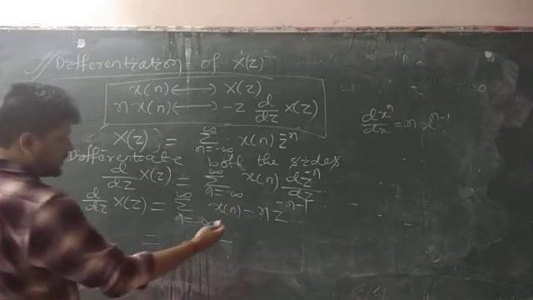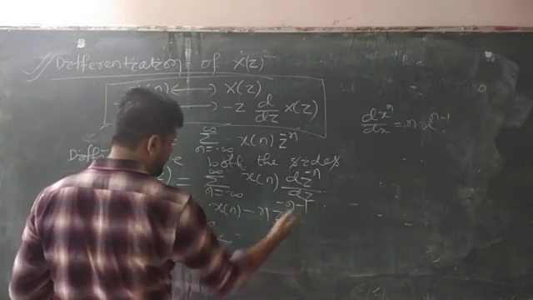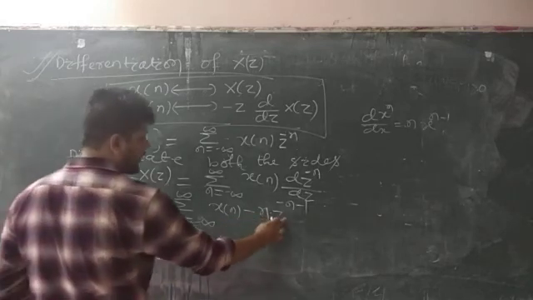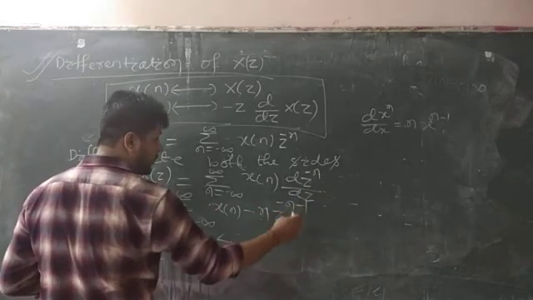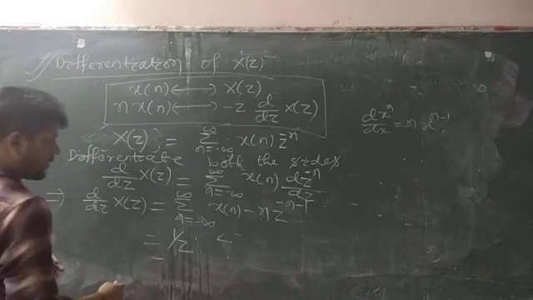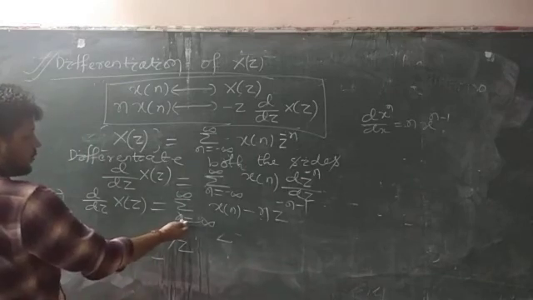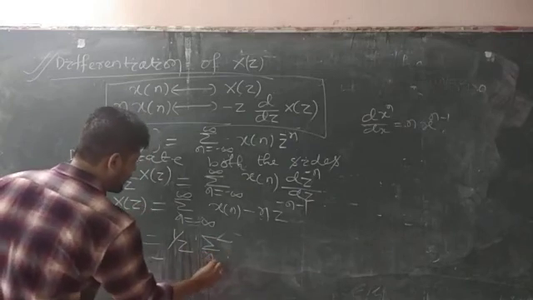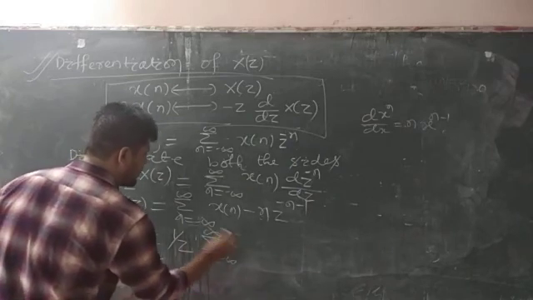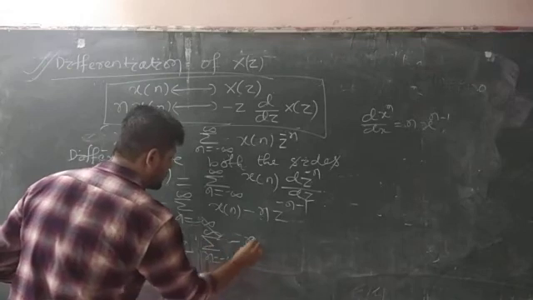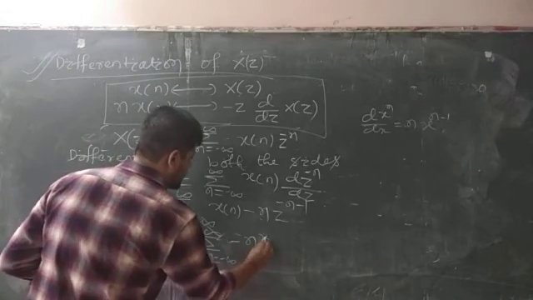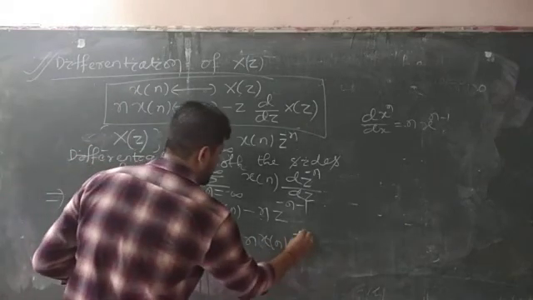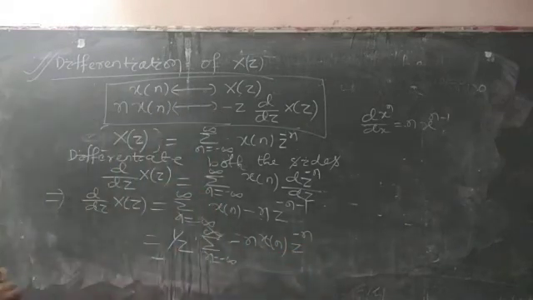Here z to the power minus n minus 1 can be written as z to the power minus n into z to the power minus 1, that is 1 by z. So take 1 by z common, because the summation depends only on n and z is the variable. Then we have 1 by z times the summation of n equal to minus infinity to infinity of minus n x(n) z to the power minus n.